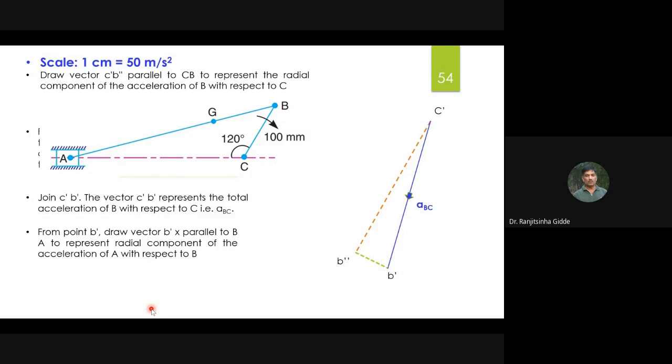Next line you can write: from point B prime, draw vector b prime x parallel to BA, to represent the radial component of the acceleration of A with respect to B.